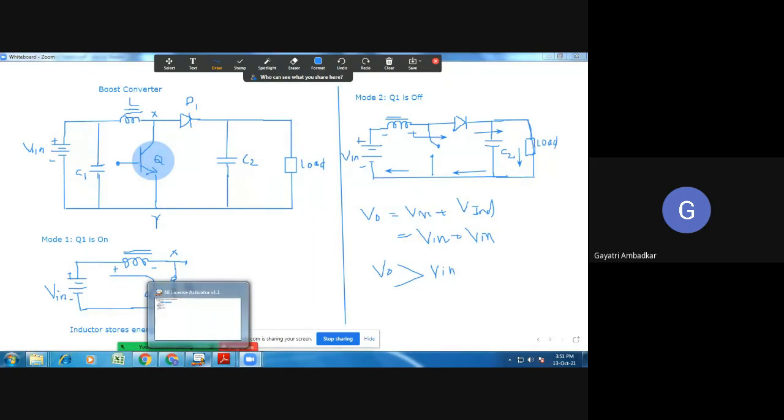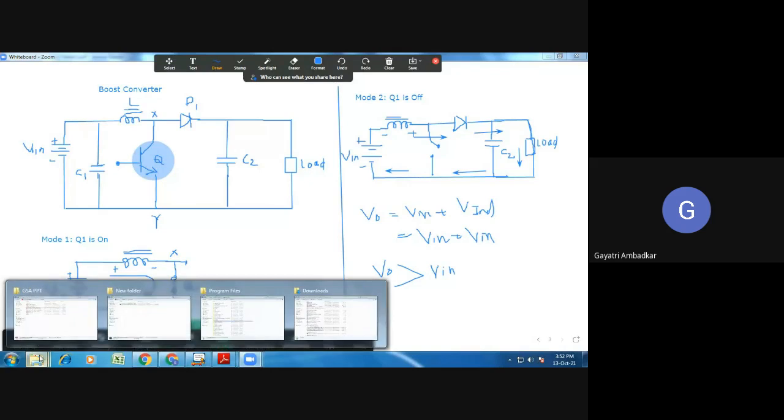We'll perform a practical based on IC regulator. The version of Multisim which my PC can afford, I guess we may not be able to see IC LM317 or 337.